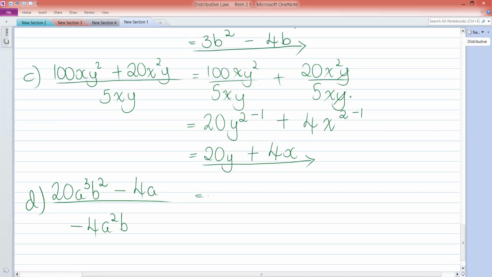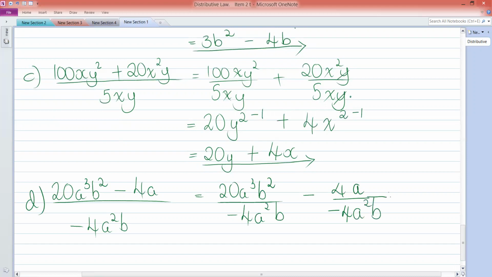Right, so first things first, we're going to split it, right? Separate. Right, so 20a to the 3 b to the 2, divided by negative 4a squared b, minus 4a divided by negative 4a squared b.